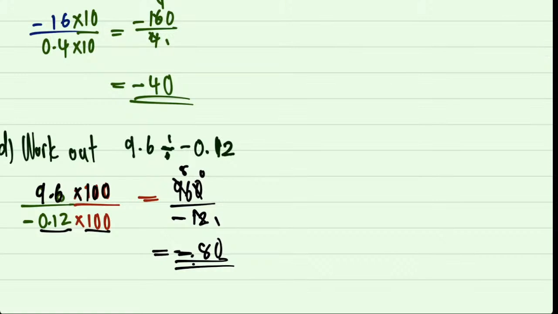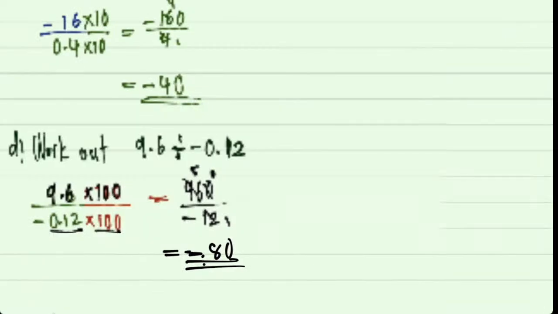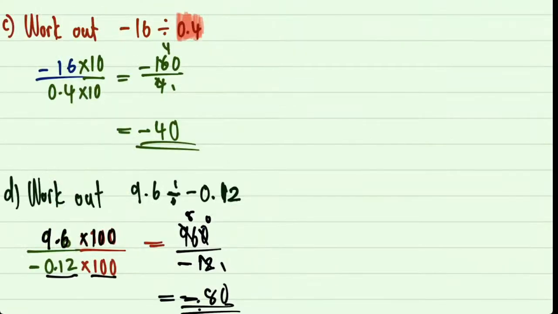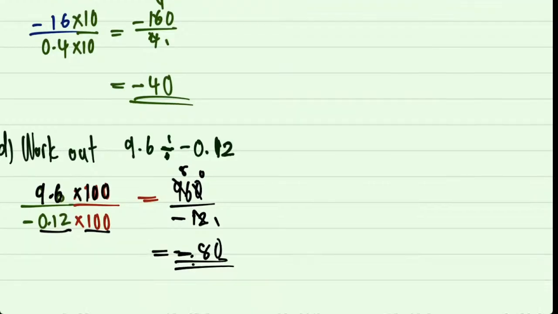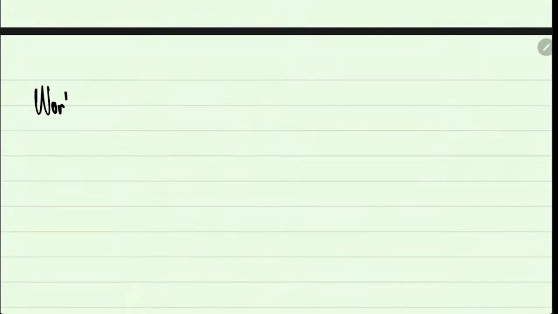Okay, can you try this first one? Right here, work out part A. 8 times 0.2.